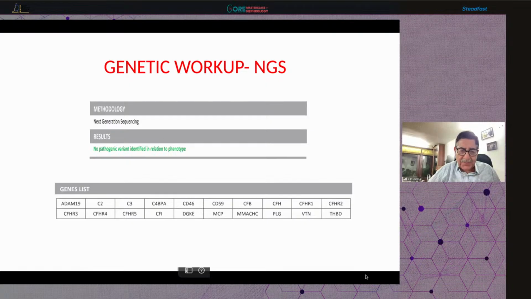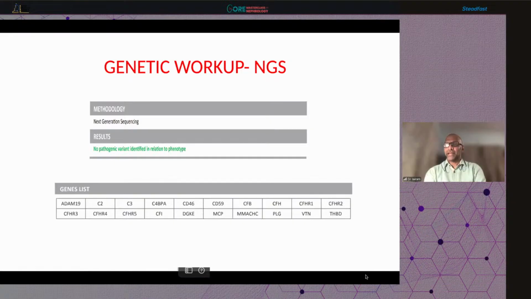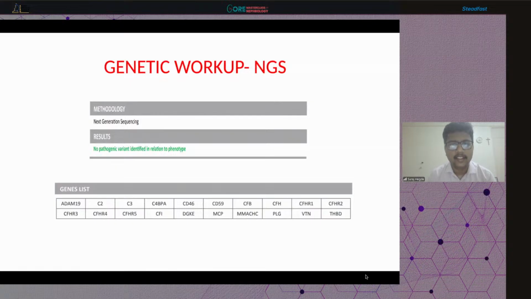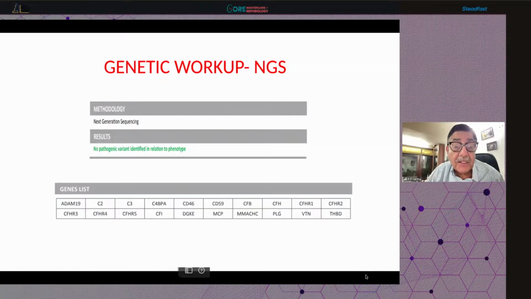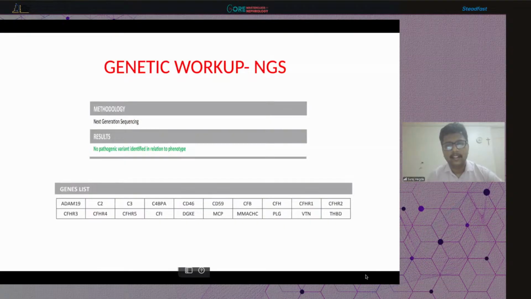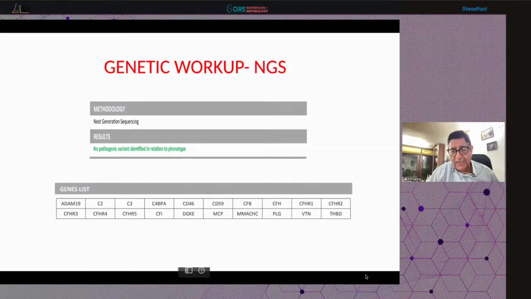So just a question: is it common or uncommon to find no abnormality in the complement? You said you did the genetic workup and there was no abnormality found. Is it common to have such a finding?